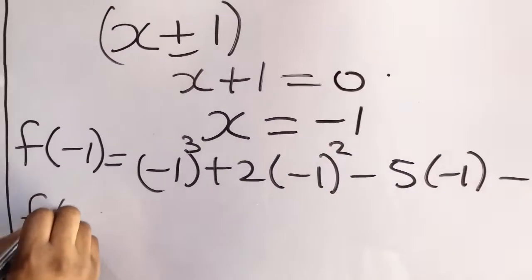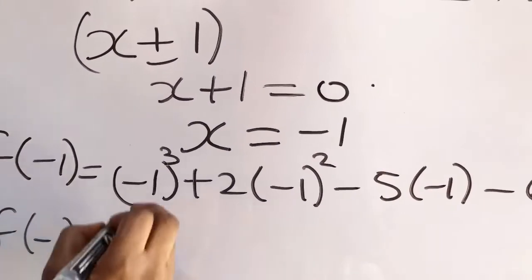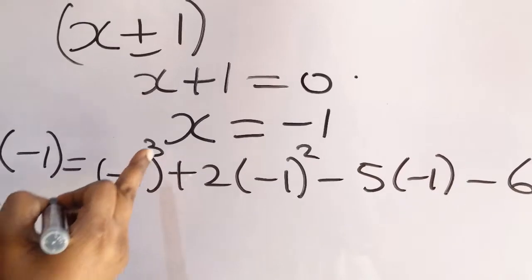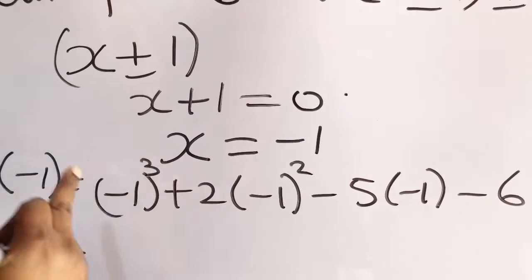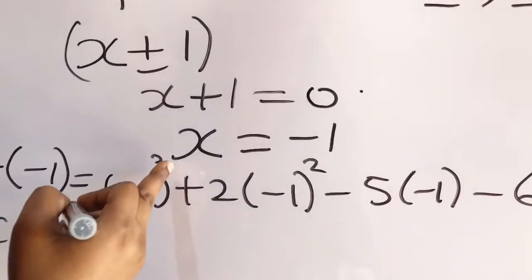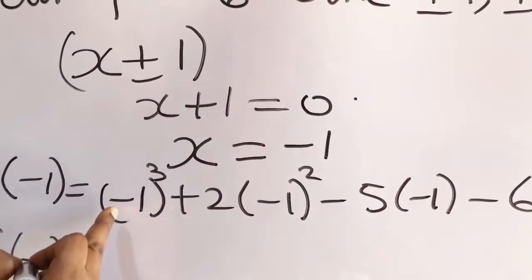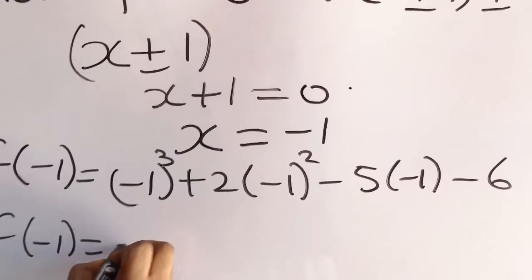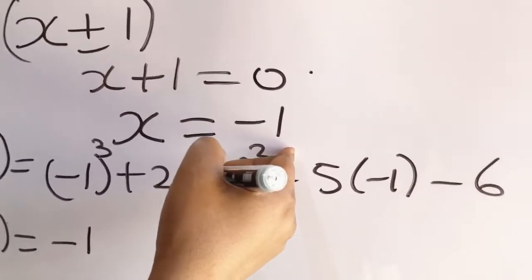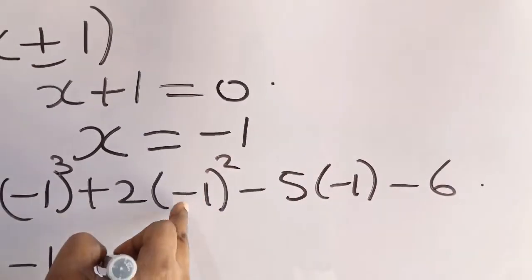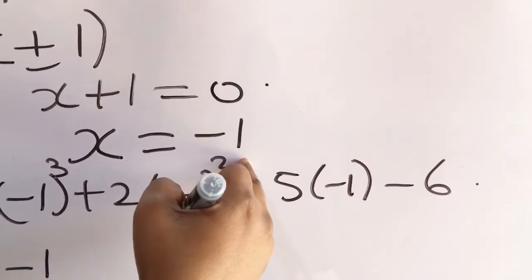So f of minus 1 is equal to, I told you that minus 1 raised to the power of an odd number will still give you minus 1. You know 3 is an odd number, so minus 1 cubed gives us minus 1. Minus 1 raised to the power of an even number will give you positive 1, so minus 1 squared gives us 1.